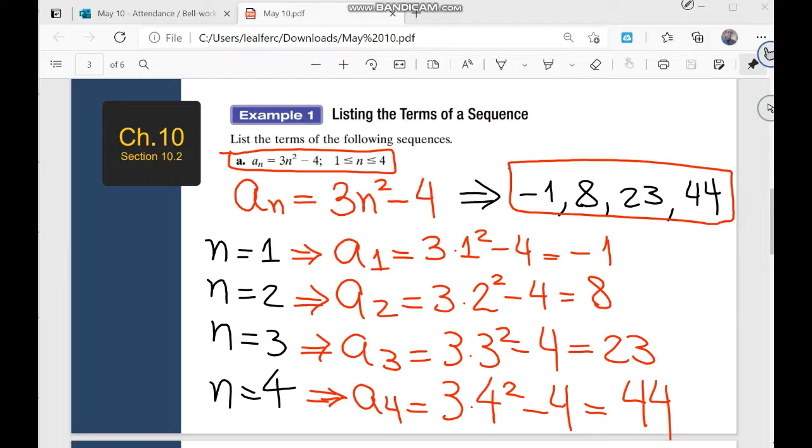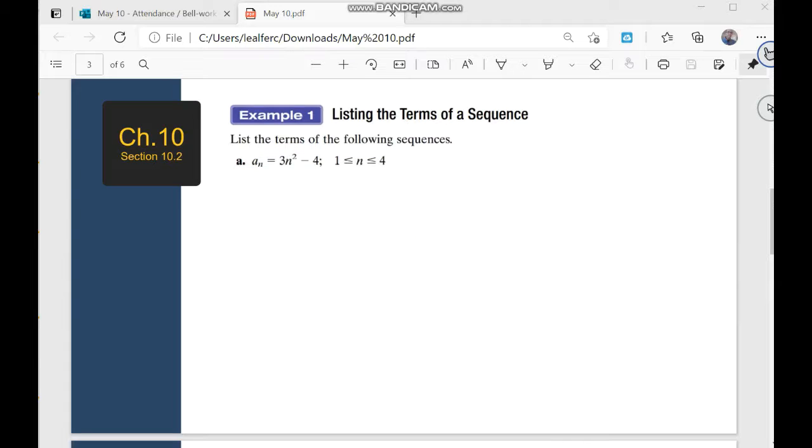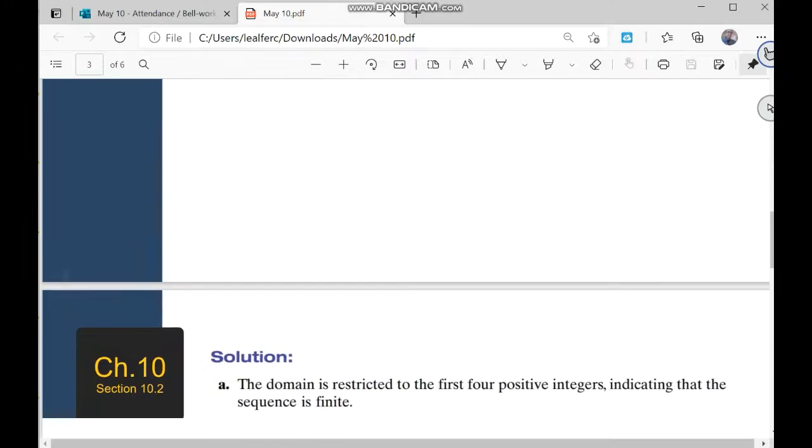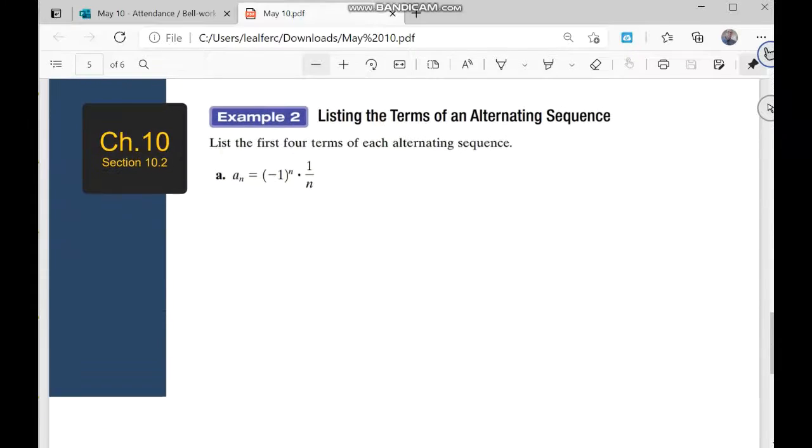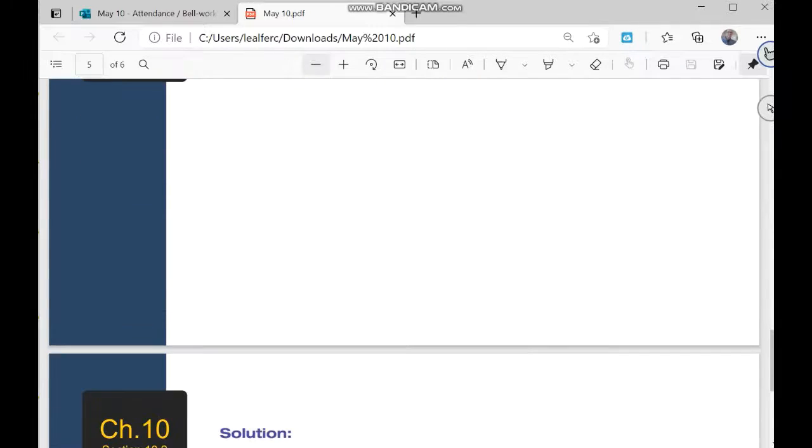Let's understand what it means. Another definition is an alternating sequence. Okay, so let's look at an example, and I think we can understand what alternating sequence means.